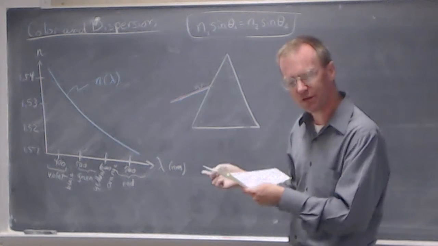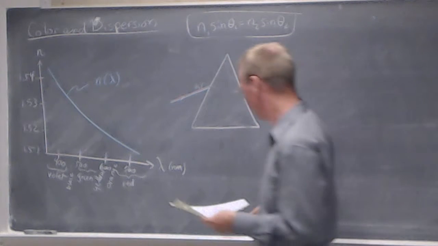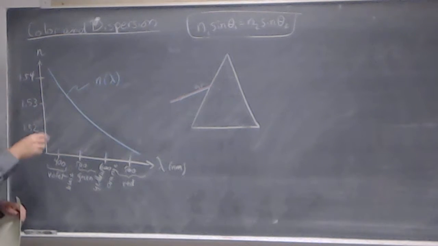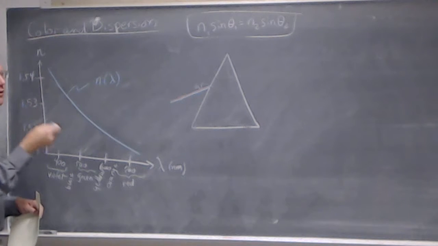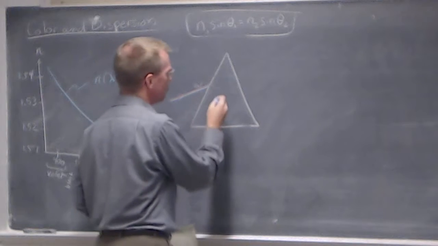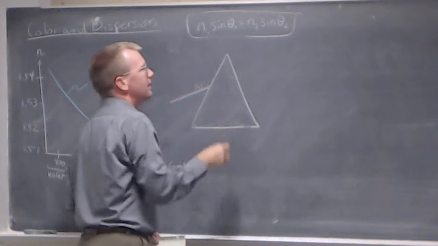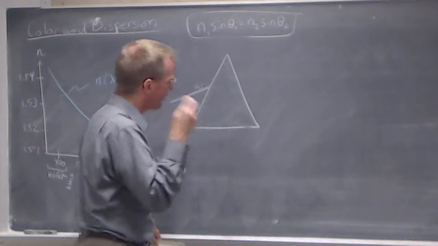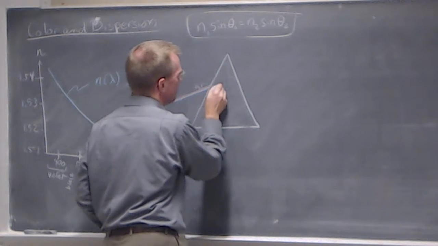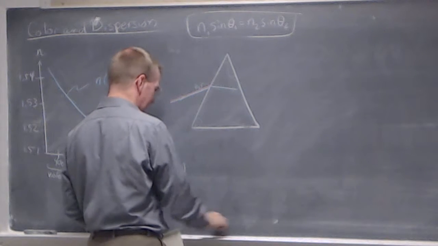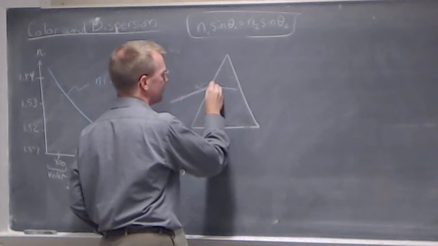It's going to a larger index of refraction, it must bend towards the normal. But you see here that for blue light, glass has a larger index of refraction, so it's bent closer to the normal, that's how I should say it. Whereas the red light is bent less.